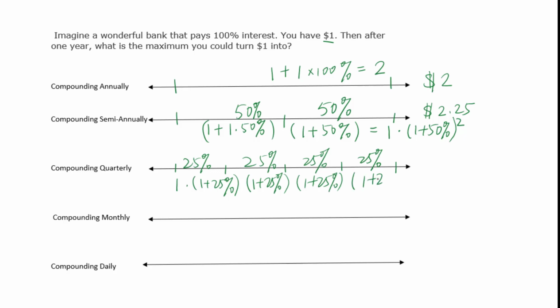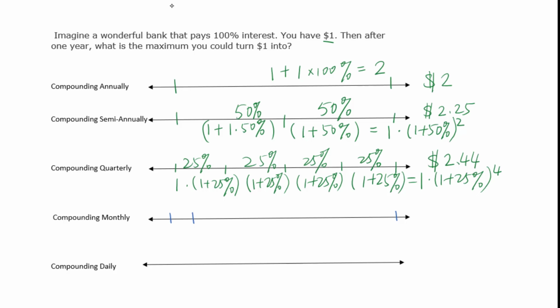Then times 1 plus 25% for the fourth quarter. 1 times 1 plus 25% to the fourth power. Put into calculator, you will get $2.44.